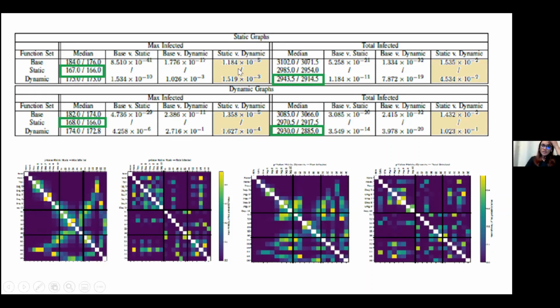And also we can see some large probability values while we were comparing the static and dynamic graph generated strategies, which means that there is a relatively very small difference between the efficacy of the static graph generated strategies and the dynamic graph generated strategies.